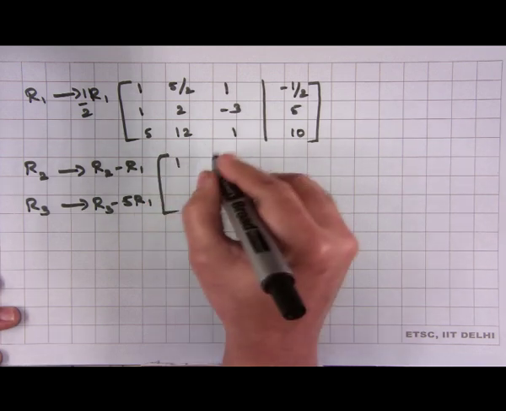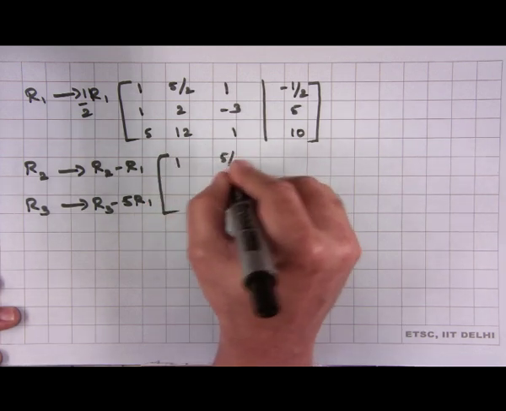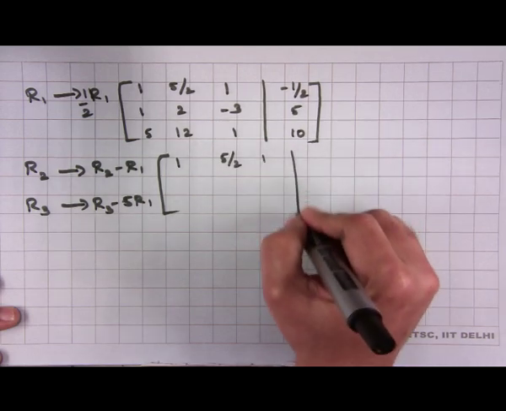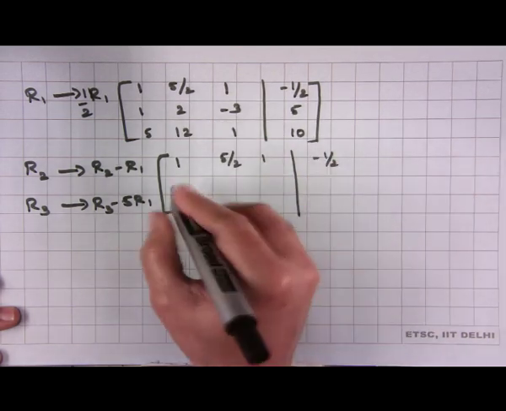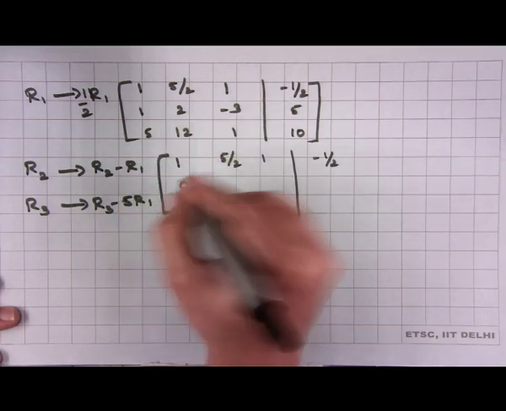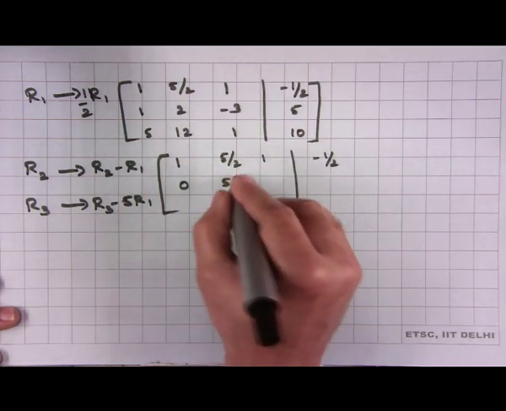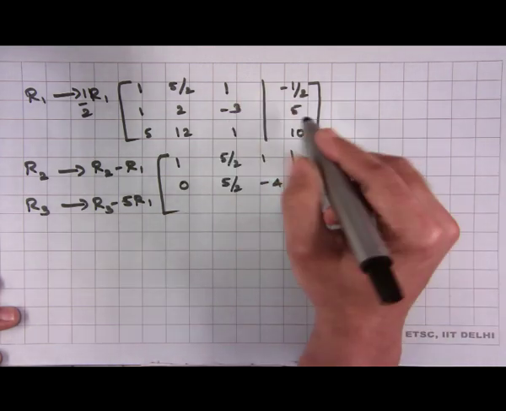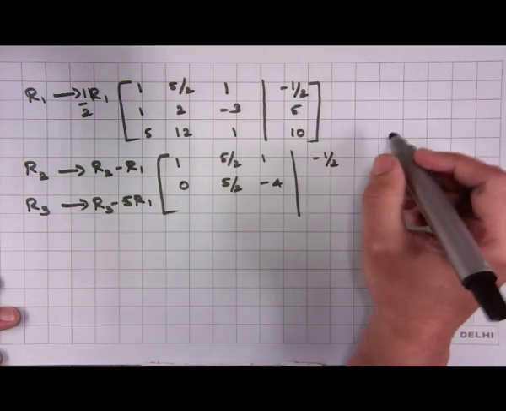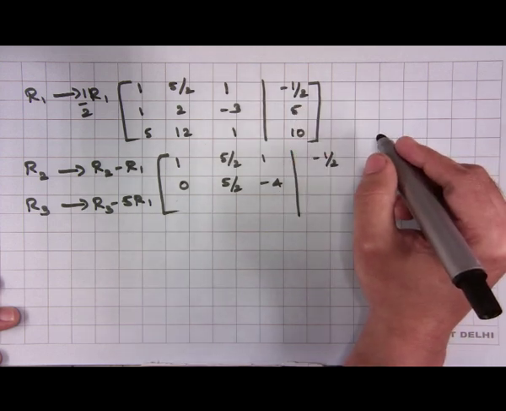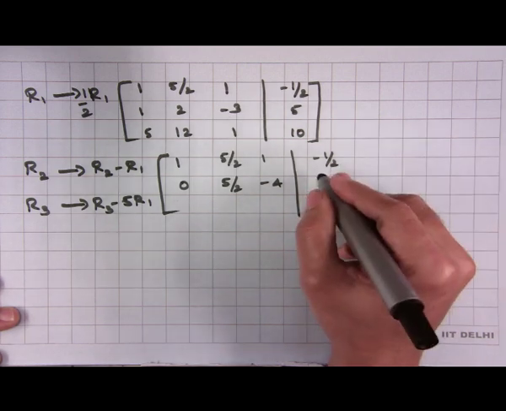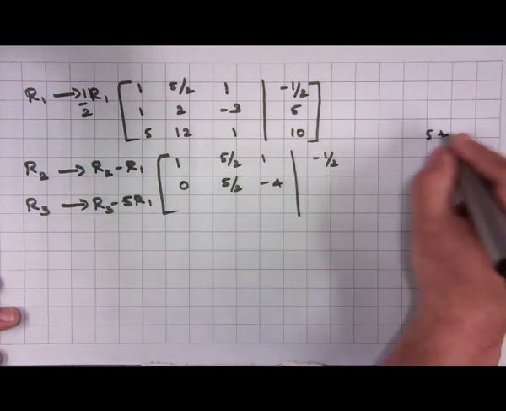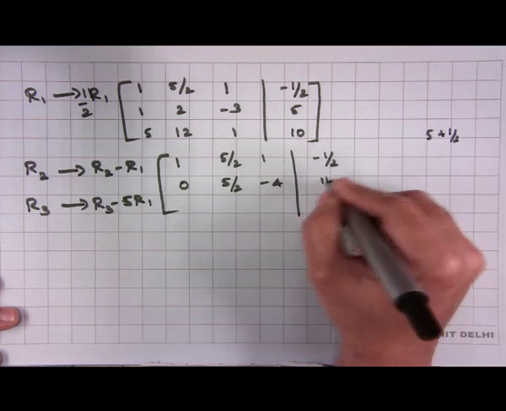First row remains untouched: 1, 5 by 2, 1 and then minus half. So, 1 minus 1 which is 0, 2 minus 5 by 2 which is minus half, minus 3 minus 1 which will give me minus 4, and 5 plus half, 11 by 2.